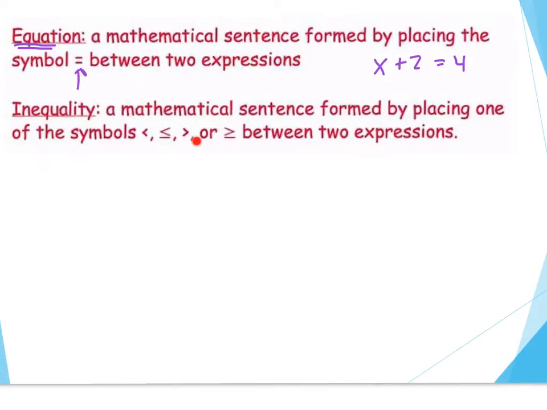So we have some different phrases here we're going to have to know and recognize and be able to use a symbol for. Using the same example, x plus 2, I put in the symbol greater than 4. Again, I took an expression and plugged in this symbol and 4. It's just taking a sentence and placing a symbol, whether it's equals or an inequality symbol, to tell me that these two expressions have a relationship with one another.